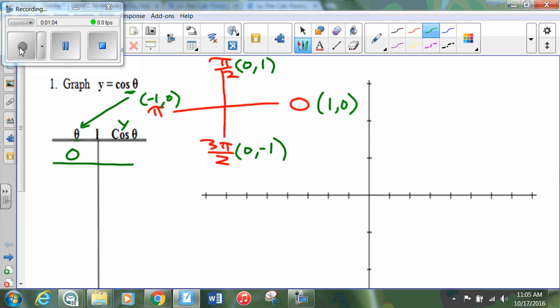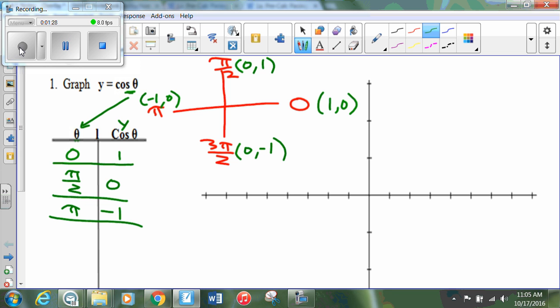So cosine of 0 is 1. Oh, you guys can answer. Yes, I'm recording, but you guys can also just answer when I'm asking too. All right. So cosine of pi over 2, 0. Thank you. Cosine of pi, negative 1. Thanks.